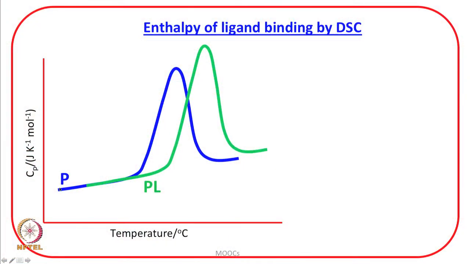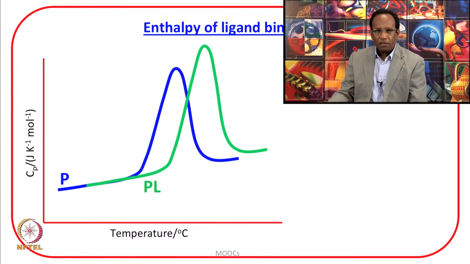Let us say first we subject only the protein to heating in a differential scanning calorimeter. The unfolding will be represented by the blue curve. And when you add ligand, and since the ligand binds with the protein, and anything which binds with the native state of a protein is expected to increase its transition temperature, and that is what is seen over here.